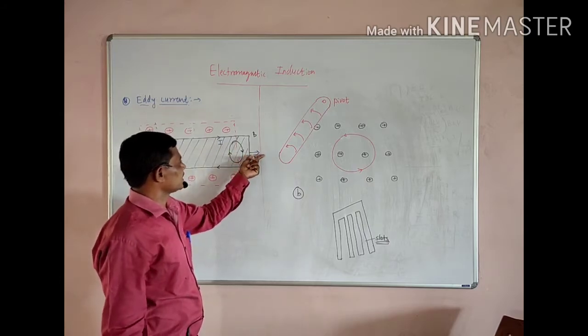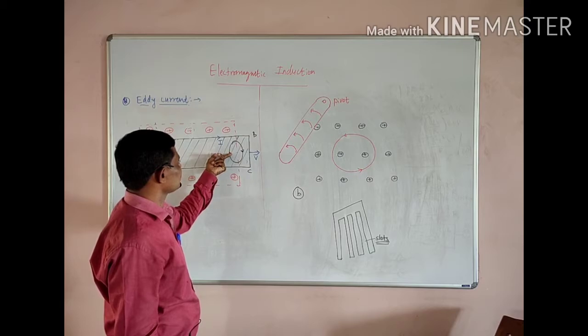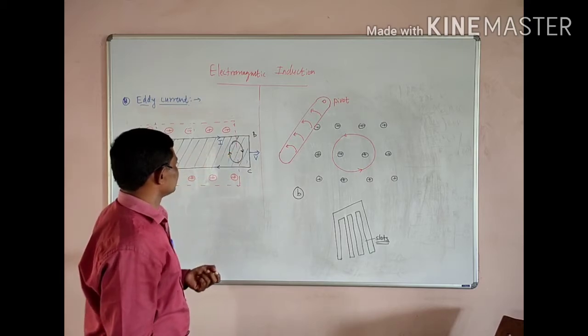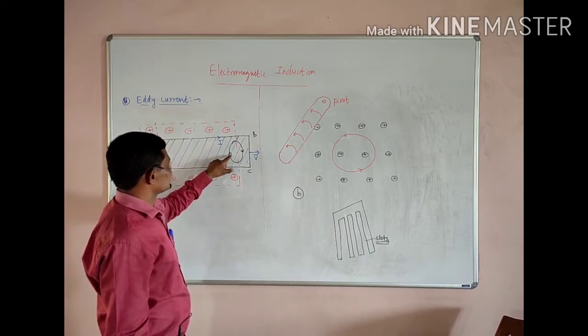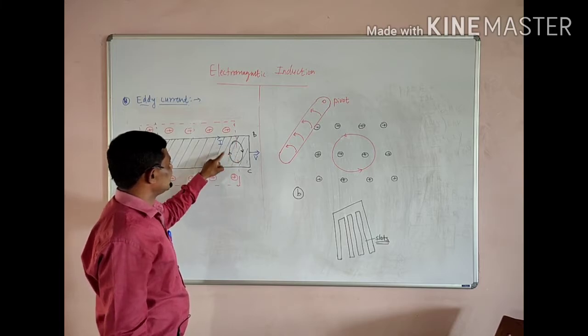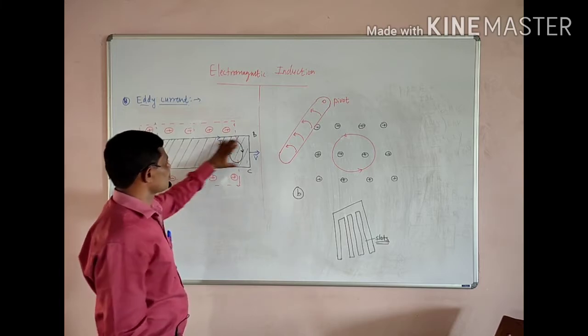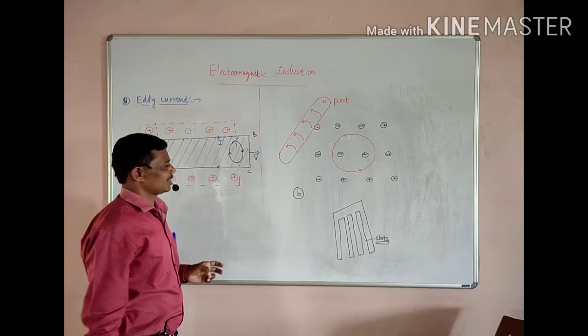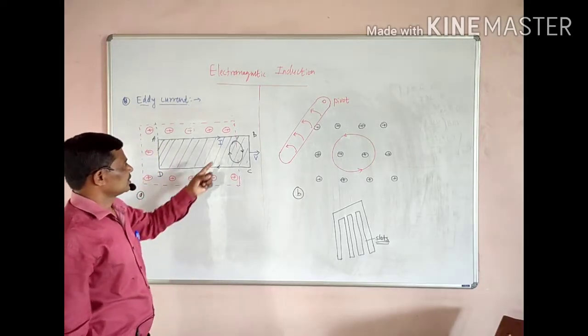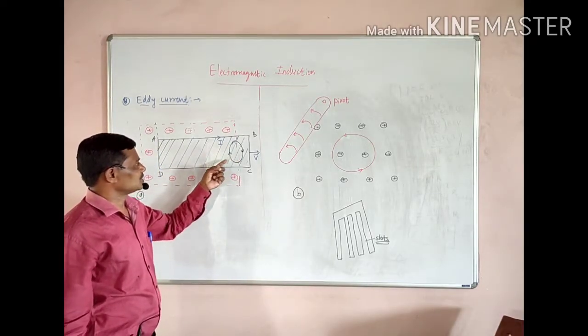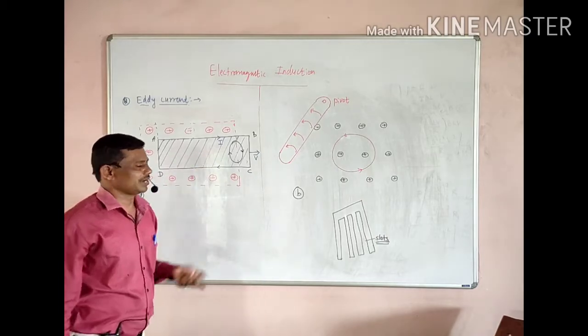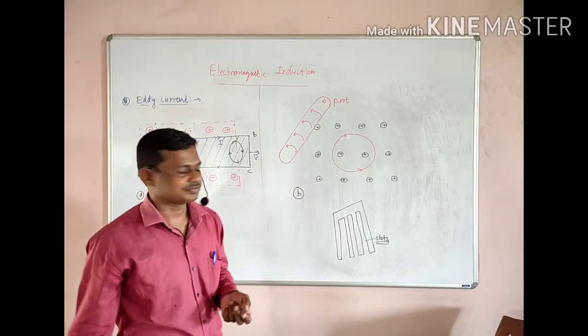This mechanical work is converted into heat energy, because these eddy currents oppose the motion of this conducting plate, and due to this transfer of heat energy, this conducting plate gets warmed.